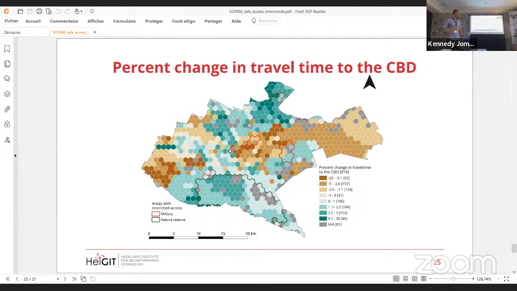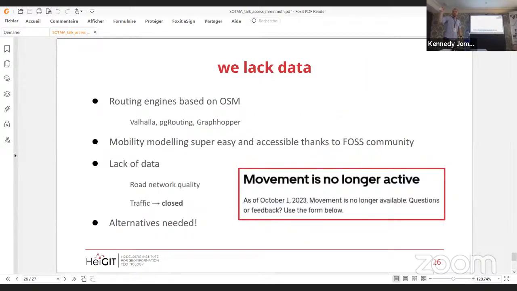So that's how traffic can play a role in accessibility, and of course how we get to more realistic travel times. But again, if we go to the next slide, we lack the data. We had the data from Uber, which was great, but still only for 40 cities.